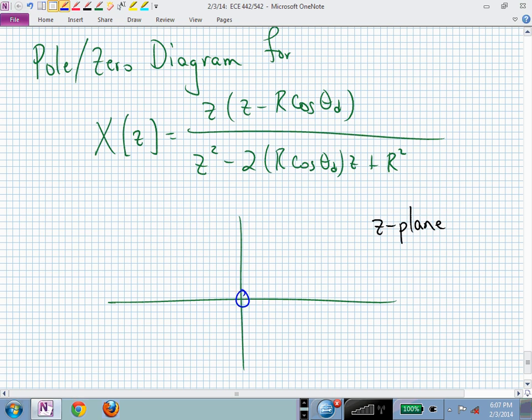But this is now a distance of r. That's theta sub d, or omega sub d times our sample period.